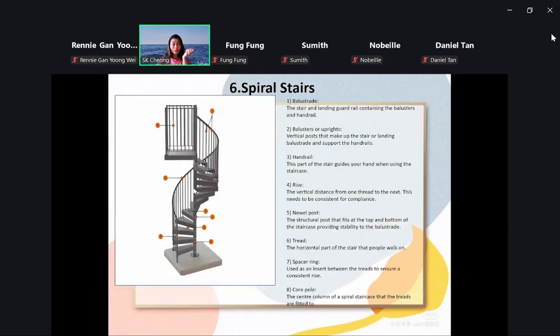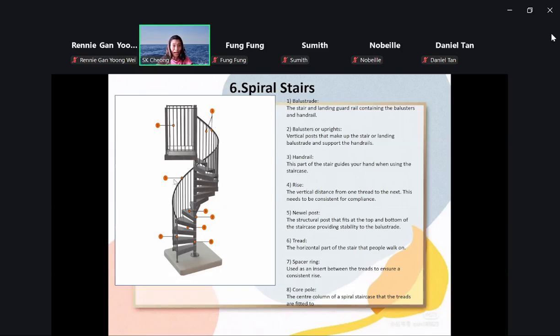Over here, this is also a good example for you. You can sketch over here and label over here. All the labeling will be side by side or below it, so that I can easily test you and you can show me your understanding. Number 1 is balustrade. What is baluster?